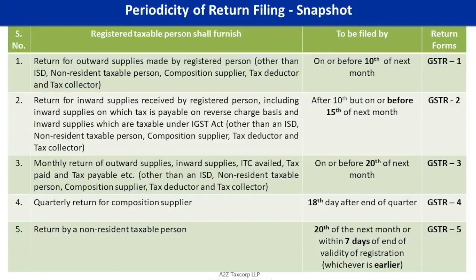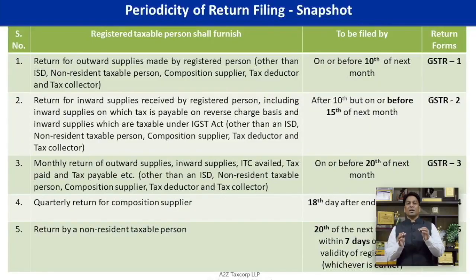Good afternoon, friends. Today we are going to learn how to file GST return by what categories of taxable person in GST regime. In GST regime, if you are registered as a normal taxable person, regular taxable person, then there are three returns to be filed on a monthly basis.